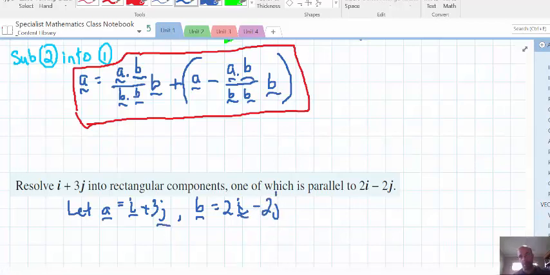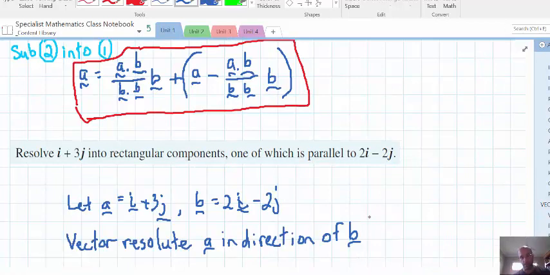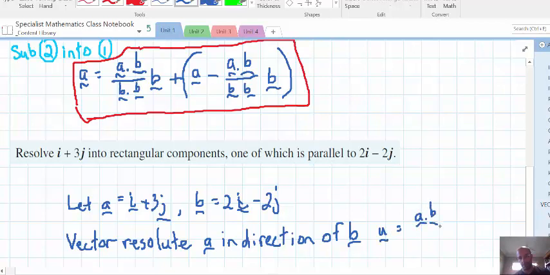Let's calculate the vector resolute of A in the direction of B, and that's what we were just looking at before, so that would be u equals A dot B over B dot B times vector B.